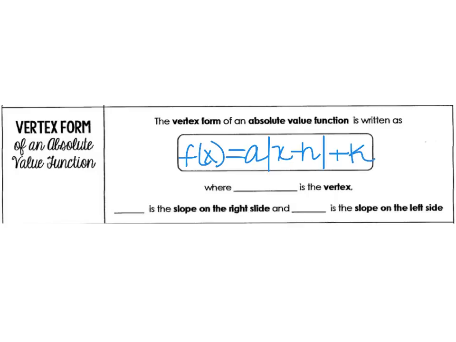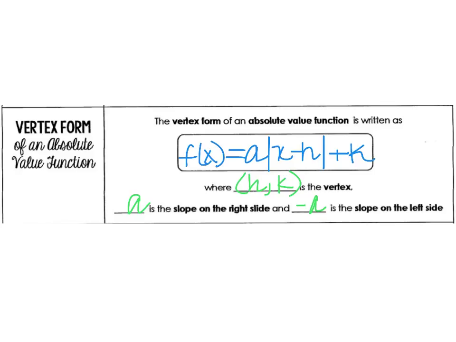All right, so this is the absolute value function in vertex form, where h comma k is our vertex. So h and your k are your x and your y points of your vertex. And a is the slope on the right side, and -a is the slope on the left side.